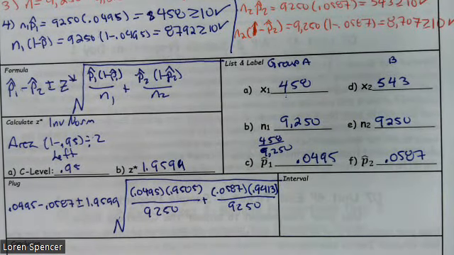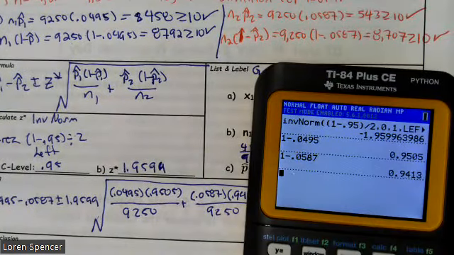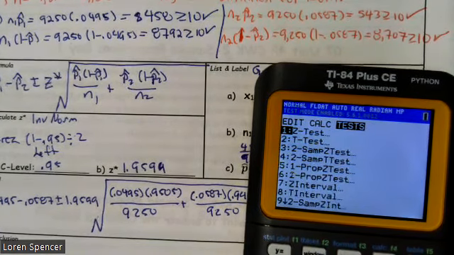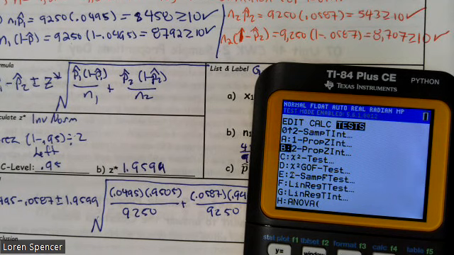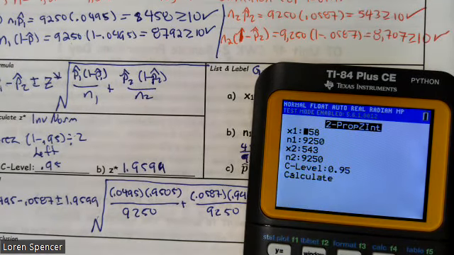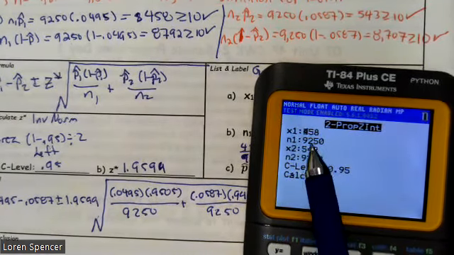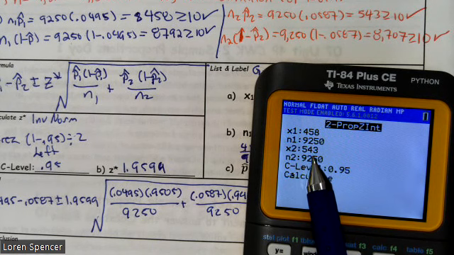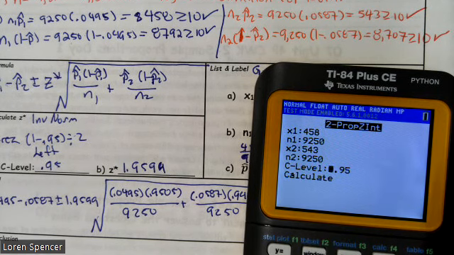All right, so we have our plug. Now we're going to run this. Stat, test, scroll all the way down to letter B, 2-proportion z interval. 458 is our x1, 9,250 is our n1, 543 is x2, 9,250 is n2, and we have a C level of 0.95.